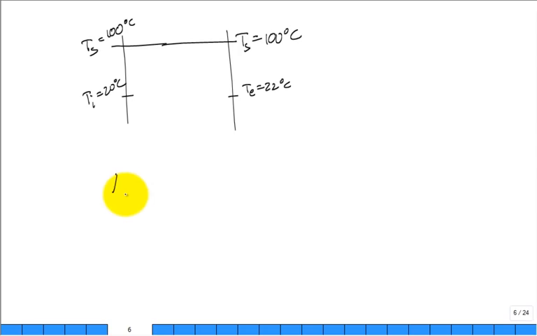Well, what would you think the log mean temperature difference is? It's about 80 here and about 78 here, isn't it, the theta? The log mean temperature difference comes in around 79. Check it out.